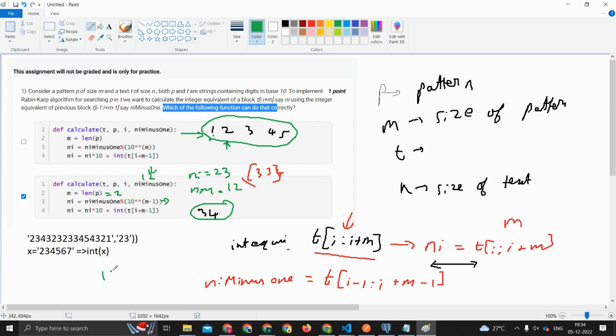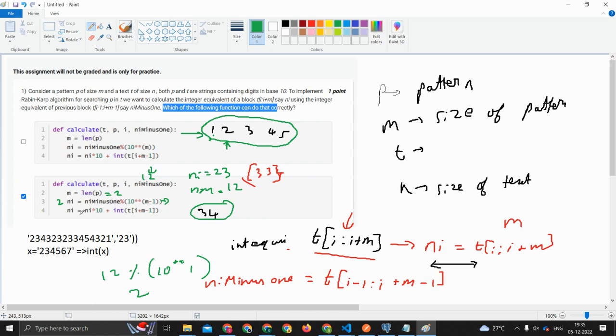The n minus 1 is what? 12 mod 10 to the power of 1, which is... it's for 10 power only. So what's going to happen? We get 2. So n_i equals 2 here.